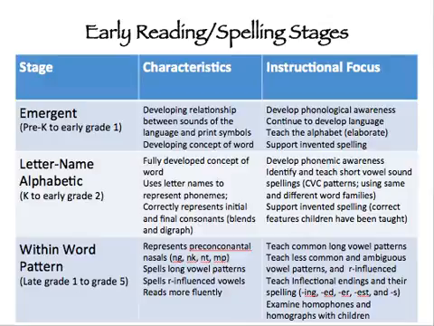Those are typical periods, but recall, as we've always talked about, that there can be students in middle school and even high school who are still within the within word pattern stage.